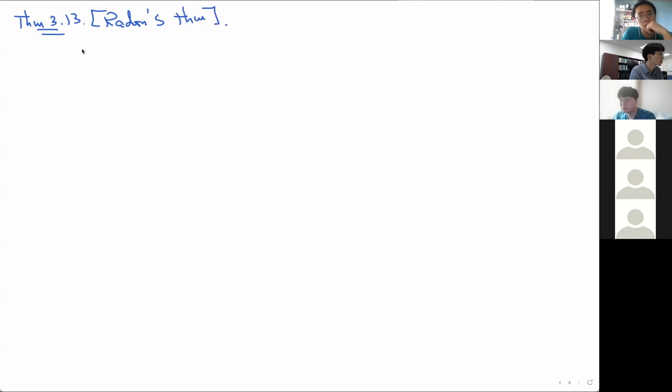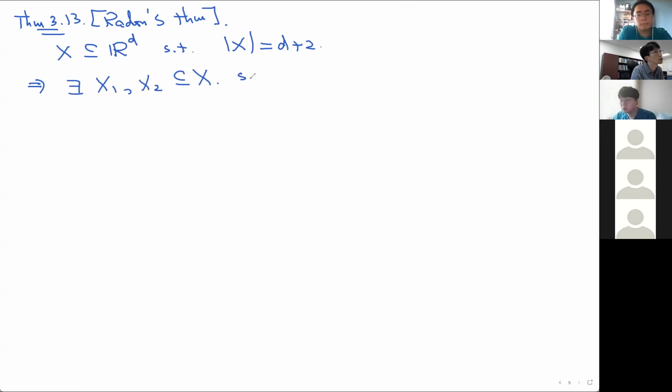So what does the theorem say? The theorem says that if X is a subset of d dimensions such that it has d plus 2 points, then there exist X1, X2, both subsets of X, and they form a partition.